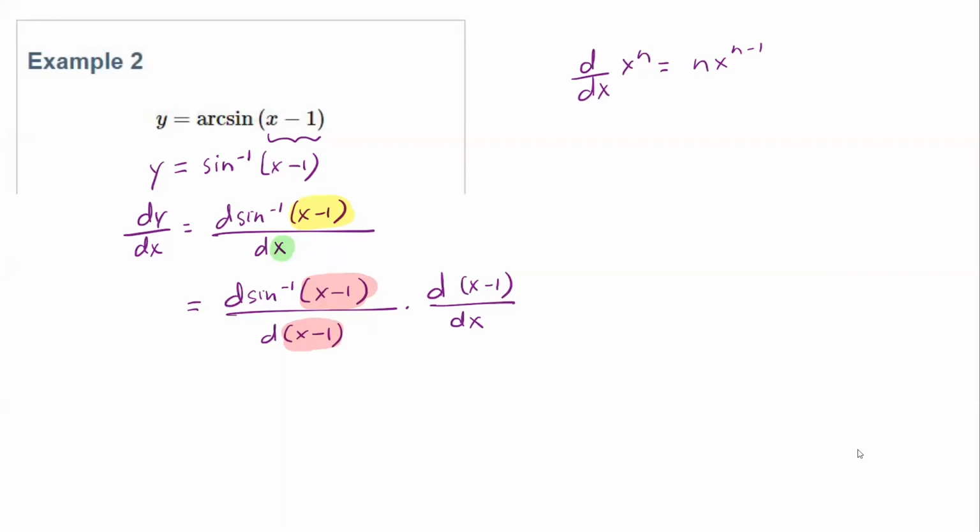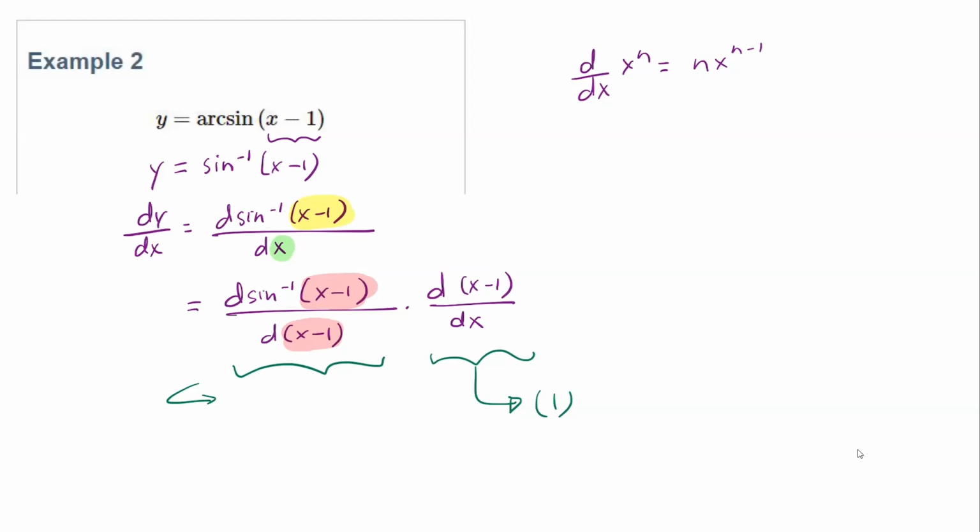Okay, so let's move ahead and solve it. Let's do the easier part first. The derivative of x with respect to x is 1, and the derivative of -1 is just 0.